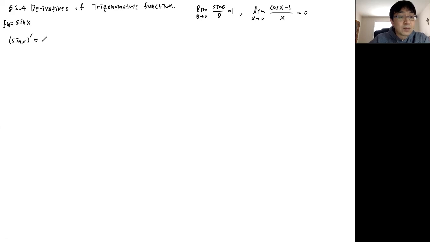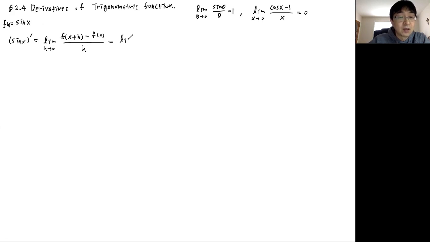So sine of x prime is the limit as h approaches 0 of f of x plus h minus f of x over h. I want to use the exact definition of the derivative. For f of x plus h, you plug x plus h into the sine function.